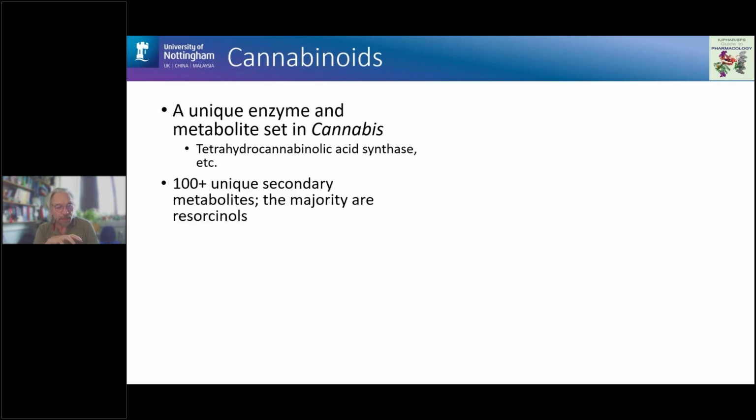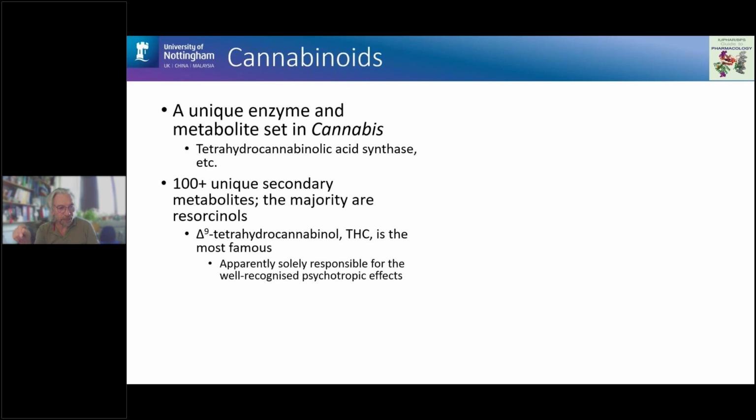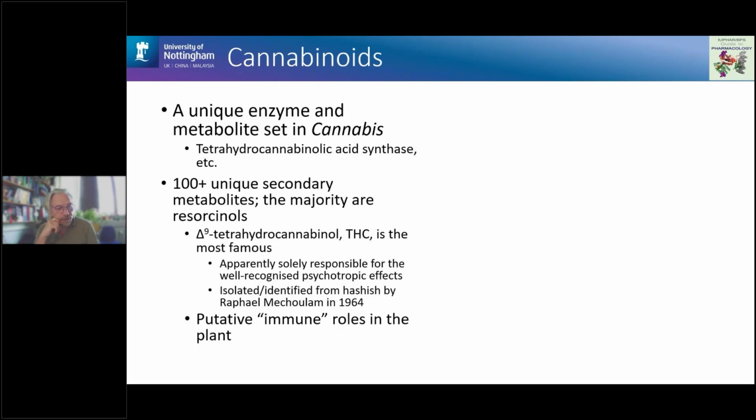That capacity is widespread in terms of the different metabolites it's able to produce, and these secondary metabolites that aren't essential for the growth of the plant are multiple, and they seem to be mostly divided around resorcinols. And as we've described, THC is the most famous by far, and that's the primary psychotropic action. And this was described by the late great Rafi Mechoulam in Jerusalem in '64.